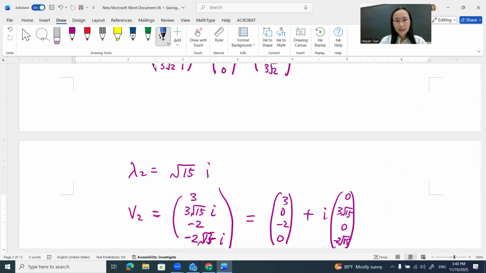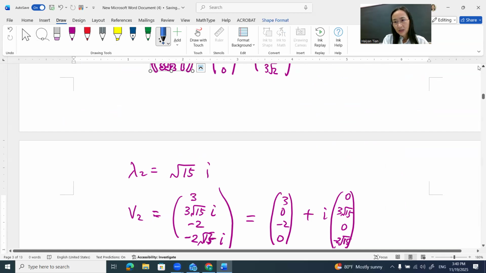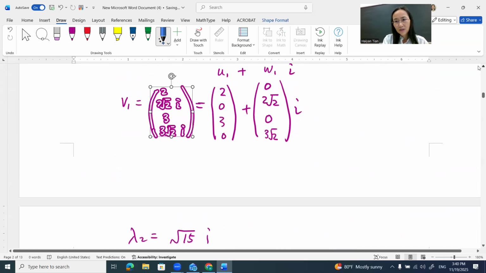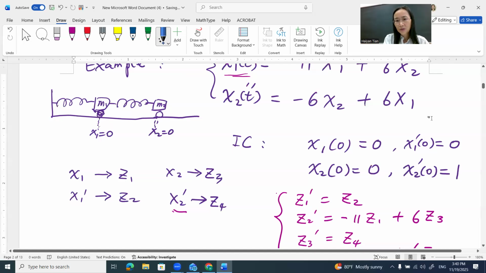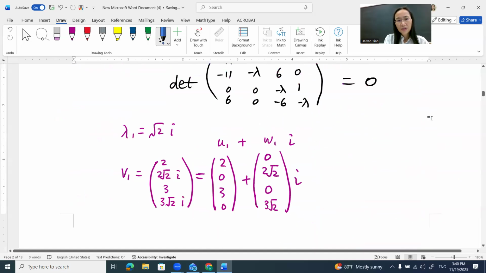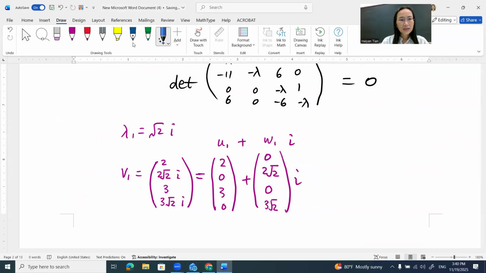So that means we already get two eigenvalues and eigenvectors. But of course, the corresponding conjugate values are also eigenvalues and eigenvectors. That's all we need to remember.